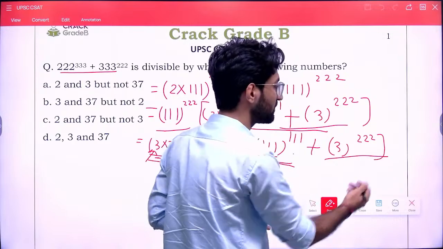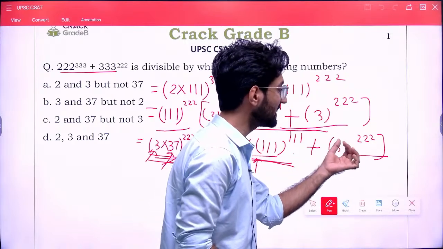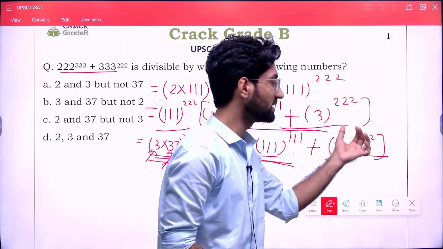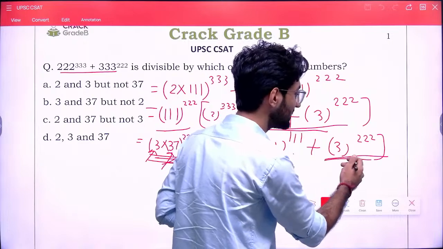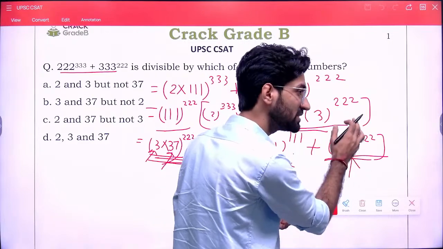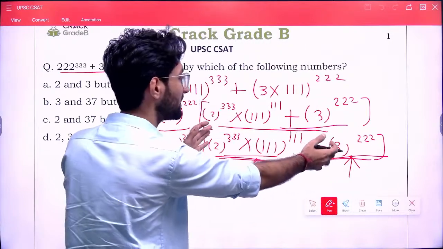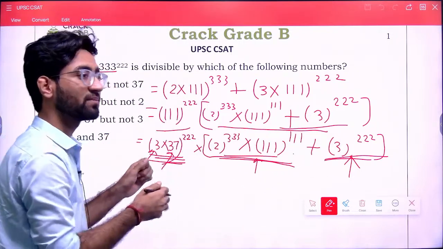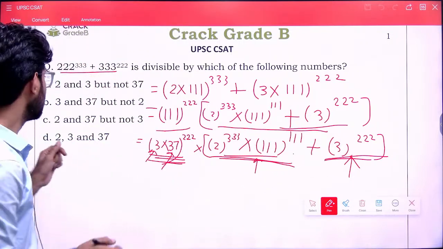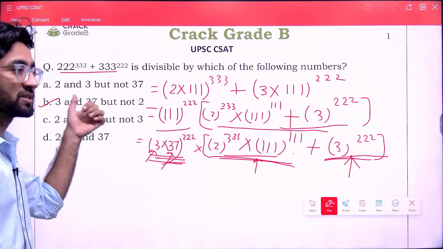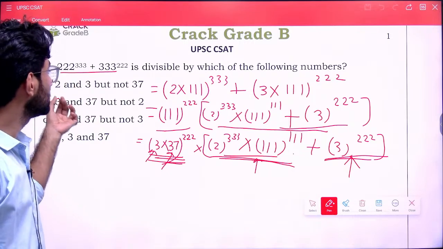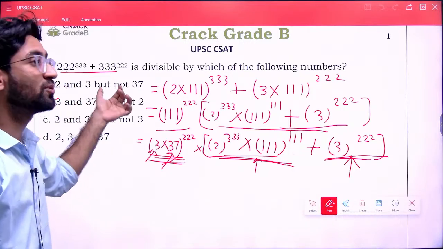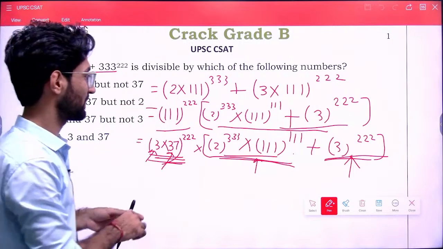And if you look at this part, you can see that 3 to the power 222 is an odd number. So we can say that this part is not divisible by 2, right? So if this part is not divisible by 2, we can say that the entire given number is not divisible by 2, right? So what is the correct option? The correct option is B. So the given number is divisible by 3 and 37 but not 2, right?